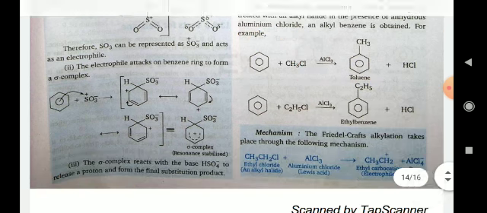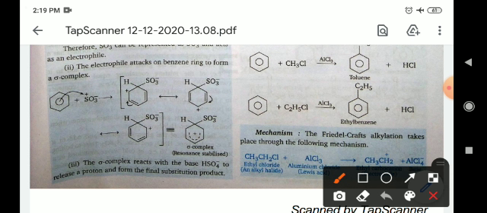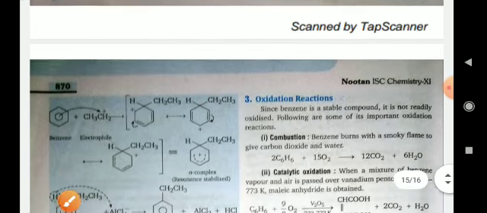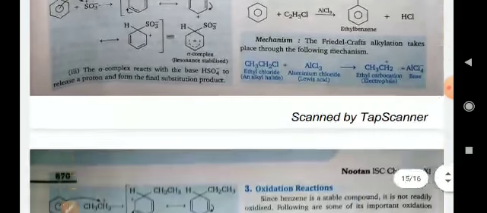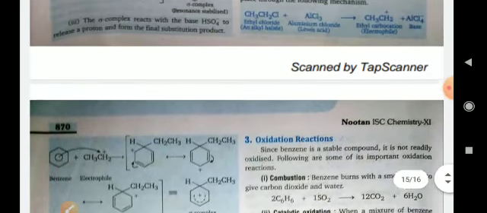Next, if you take C2H5Cl, then also HCl will be removed and C2H5 will go to the ring and form ethylbenzene. So it is the basic concept. The second one is Friedel-Crafts acylation, which is not given here.